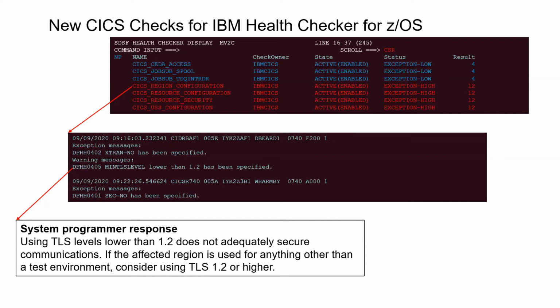And again, they've got exception, warning and information levels. So we've got here examples of a poorly configured region, deliberately in this case, where XTRAN was set to no, so no transaction security, and also a slightly lower one, which says the minimum TLS level is lower than 1.0. Associated with that, if you look up those messages, you'll get advice on more details about what that message means, and further down, you'll get information about what you should do to remediate that.